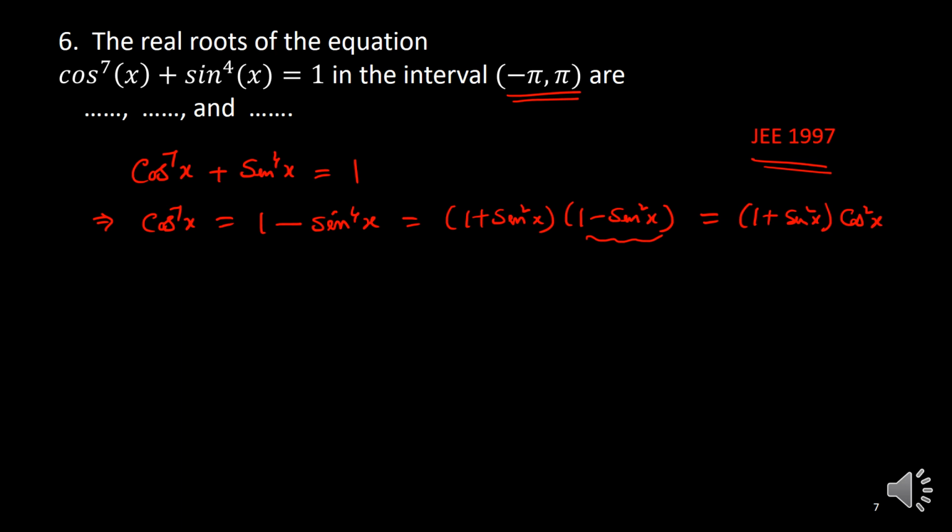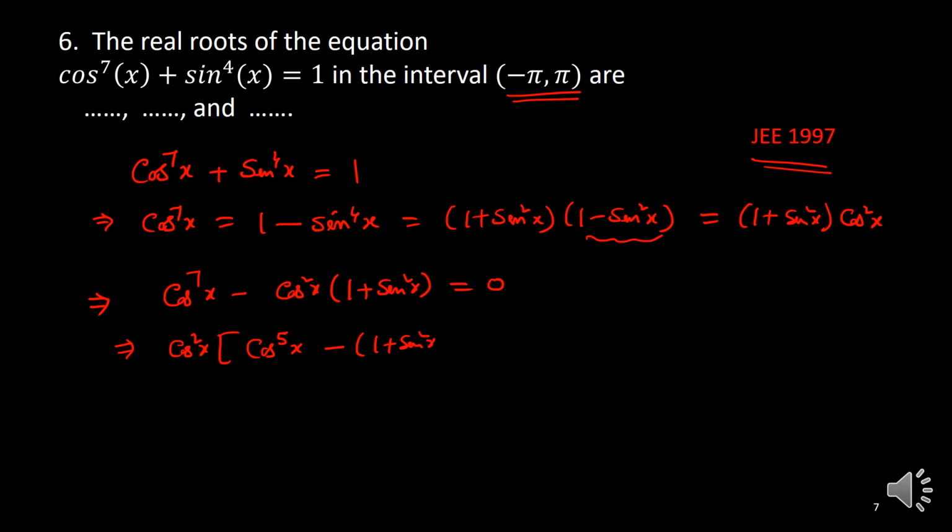Okay, so what are we getting? I can take cos to the power 7x minus cos square x times (1 plus sin square x), that equals 0. If I take cos square x common, what I will get is cos square x times (cos to the power 5x minus (1 plus sin square x)) equals 0.